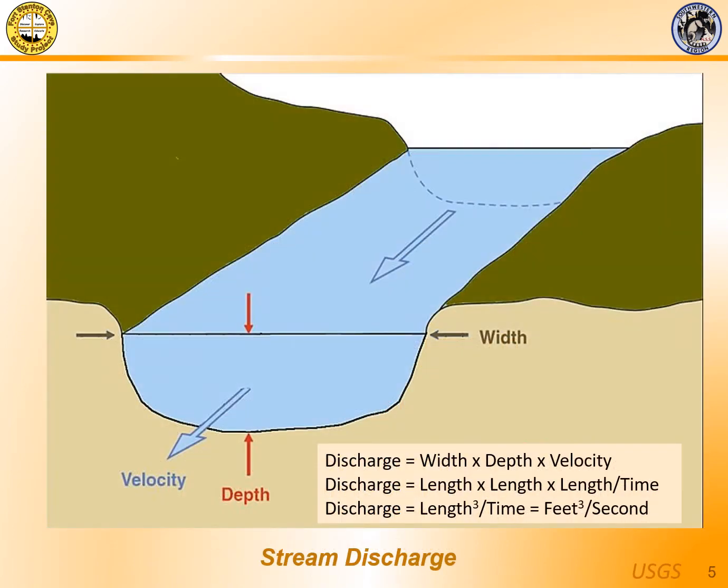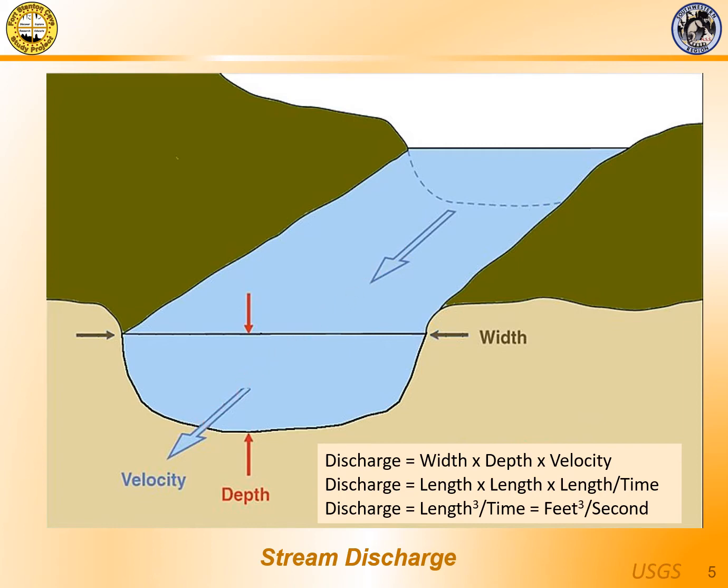So here is a little diagram that illustrates some of the main points. What we see here is a cartoon representation of a stream. The water in this stream is coming out of the page. Here's the width of the channel, here's the depth of the channel, and the water coming at you is coming at some velocity.